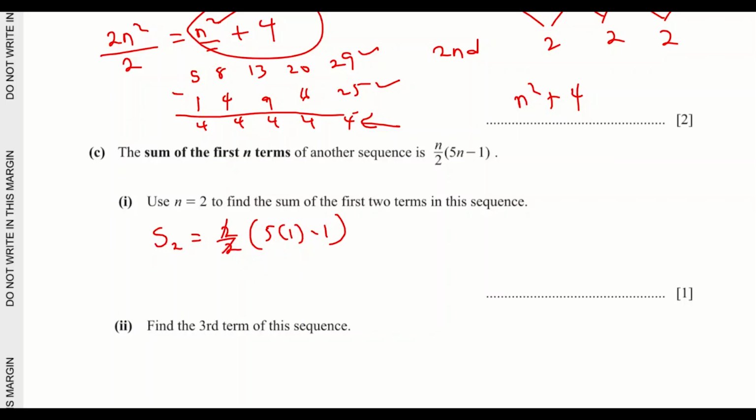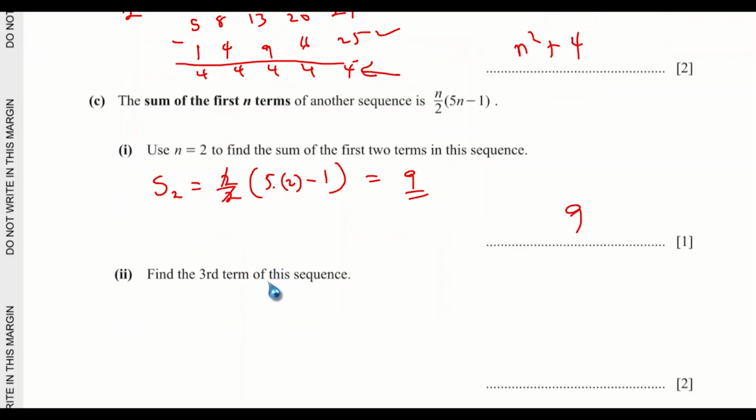Okay, this will cancel out. So this will be 5 times 1, 5, 5 minus 1. Sorry, there's a mistake here. This should be 2, 5 into 2 minus 1. So this will be 5 times 2, 10, 10 minus 1, 9. Because n is equal to 2. So this will be 9. That is the answer here. So Roman figure 2.